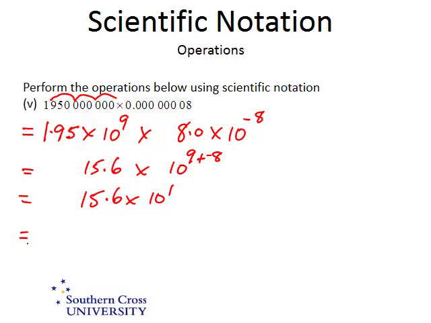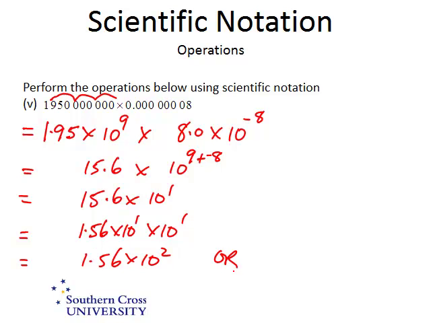But 15.6 is not in true scientific notation, so 1.56 times 10 to the 1 to compensate, times 10 to the 1 is equal to 1.56 times 10 to the 2, or if we want to write that as a number in standard form, like the numbers we were given, this would be 156.